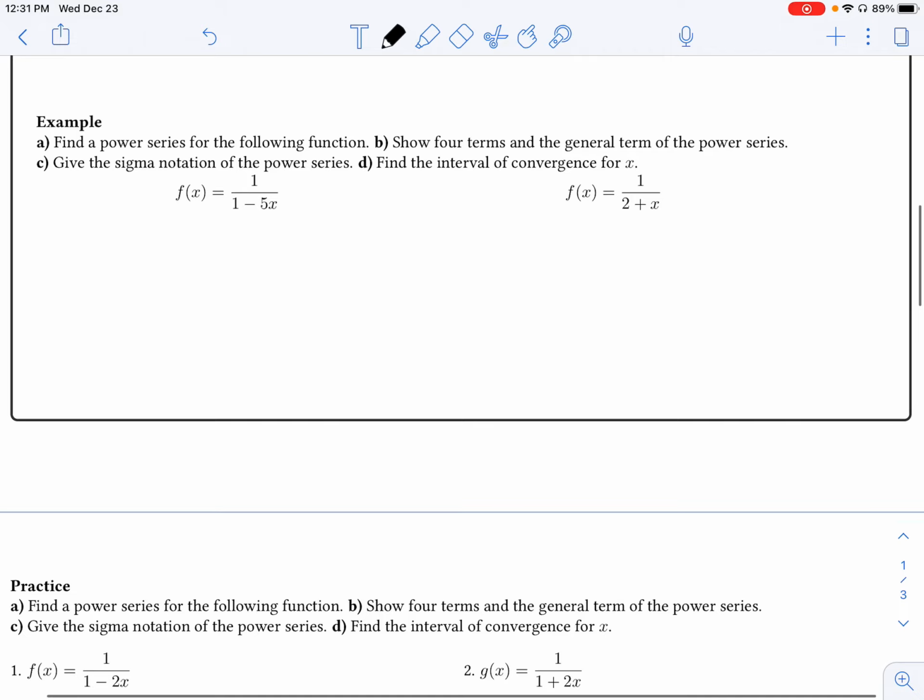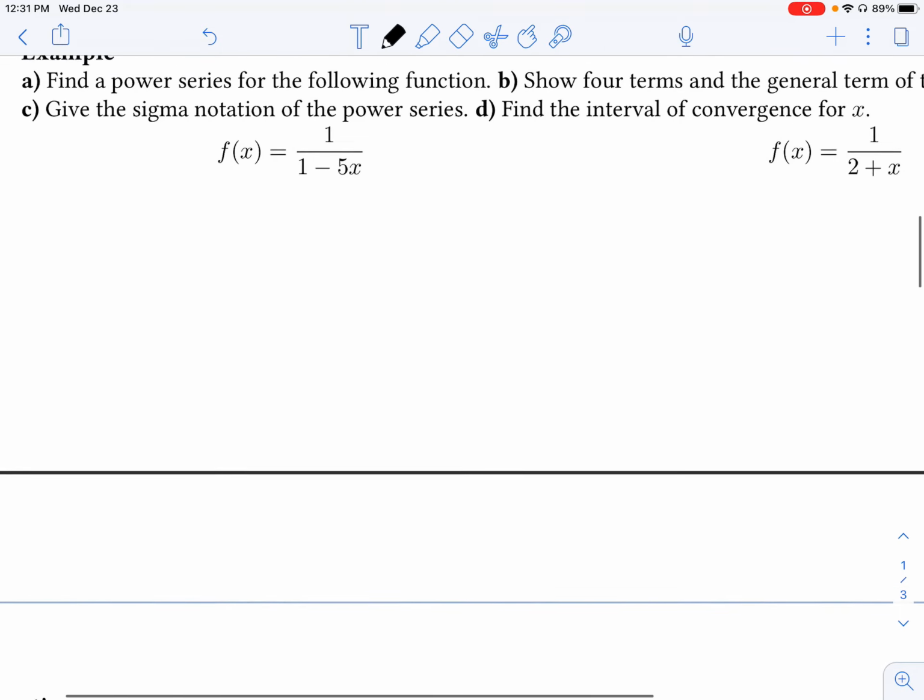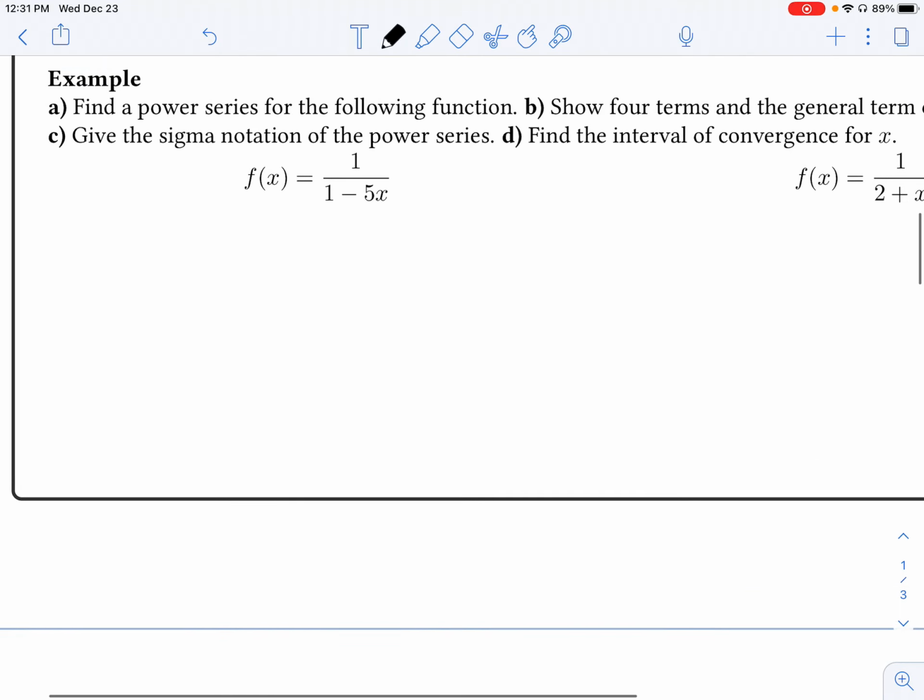All right, so we're doing a couple things here. Let's look at this first example and find a power series for this function. Given this function, we are going to express a power series that represents it. It looks like it's following the sum formula.